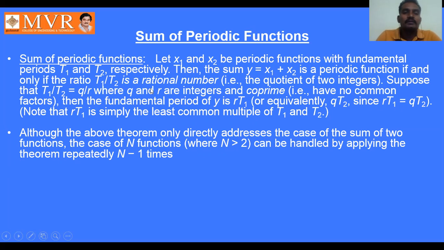By taking the cross multiplication of t1 by t2 equal to q by r, it becomes r t1 is equal to q t2. Note that r t1 is simply the least common multiple of t1 and t2. Although the above theorem only directly addresses the case of the sum of two functions, the case of n functions, where n is greater than 2, can be handled by applying the theorem repeatedly n minus 1 times.